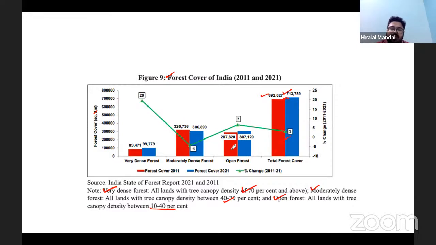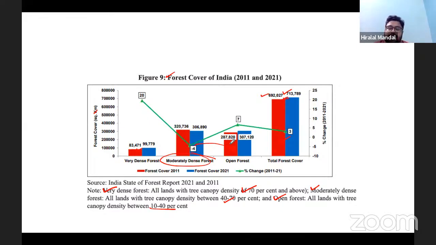India has also gained in terms of open forest cover. It has also gained in terms of dense forest cover. But India's moderately dense forest has in fact gone down. So some of the moderately dense forest with 40 to 70% canopy might have converted into open forest.